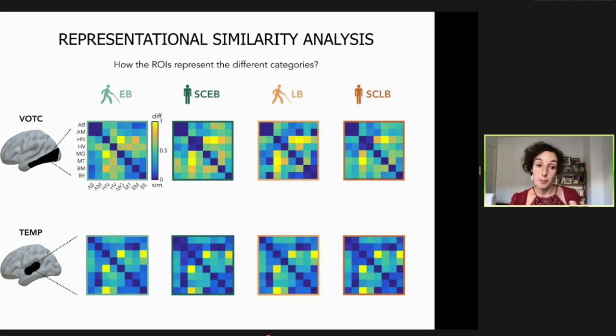The first question we wanted to address was whether the representation in VOTC and in the temporal parcel was more similar in the blind compared to the sighted controls, suggesting potentially an increased flow of information between these two regions in blind population. So what we did was to compute the correlation between the VOTC and the temporal matrices in each subject.